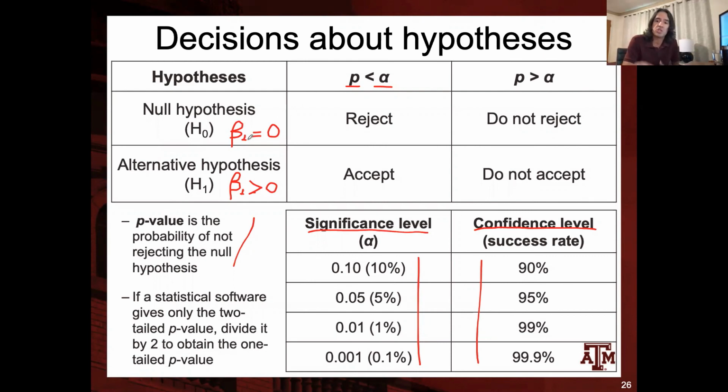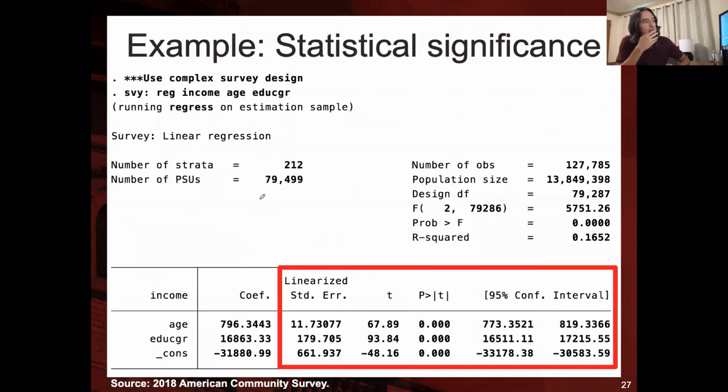So age, in this case, will have no effect on earnings, right? And I do not accept my alternative hypothesis that age has a positive effect on earnings. In this case, I will not accept, so age does not have that significant effect on earnings.